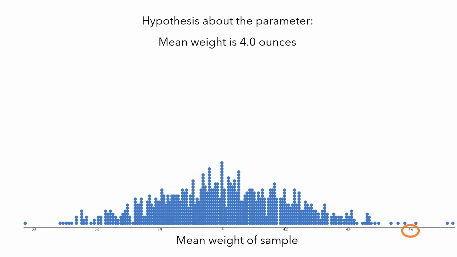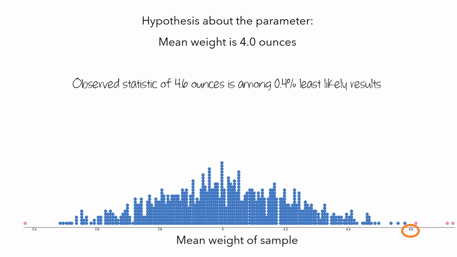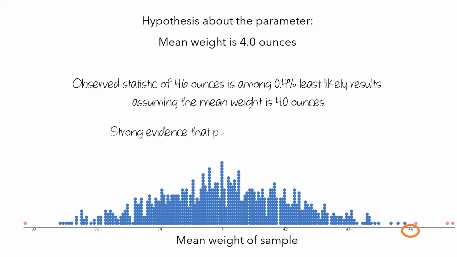The observed statistic was 4.6, and this observed statistic is among the 0.4% least likely results, assuming the mean weight is 4.0 ounces. So, the observed statistic is strong evidence that the parameter is not 4.0 ounces.